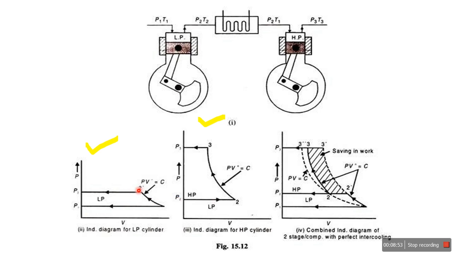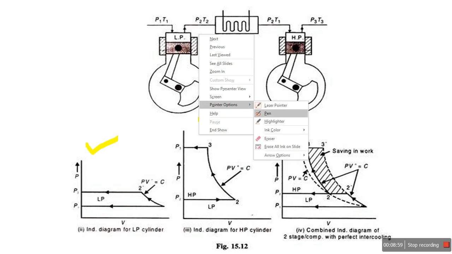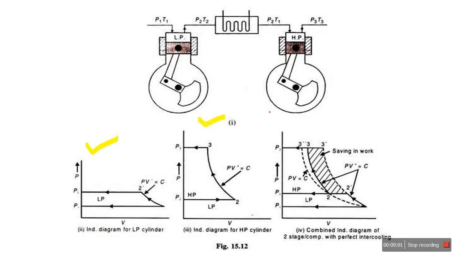Now that discharged compressed air at P2 goes through a cooling process at constant pressure. Whatever temperature is supplied to the intercooler is going to reduce at constant pressure. So in the intercooler the pressure remains constant, P2 and P2.